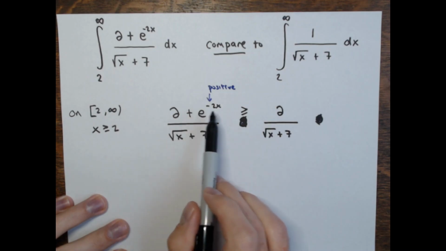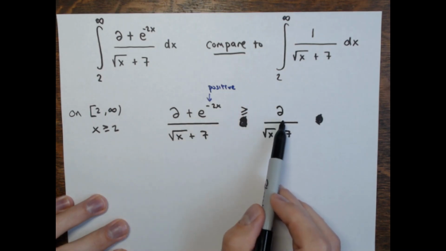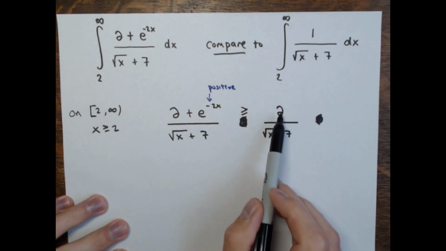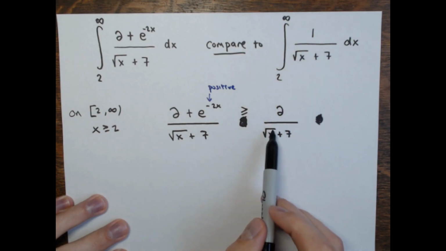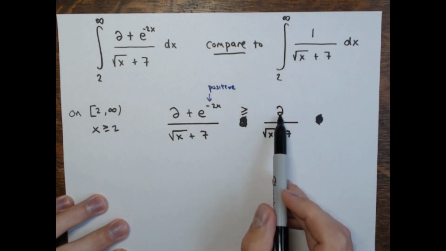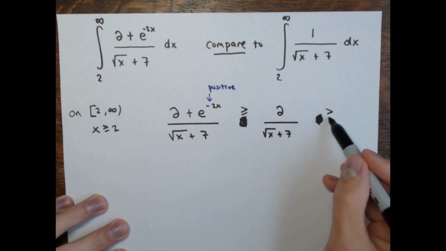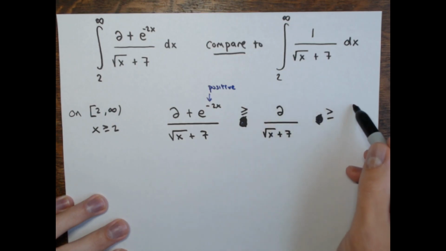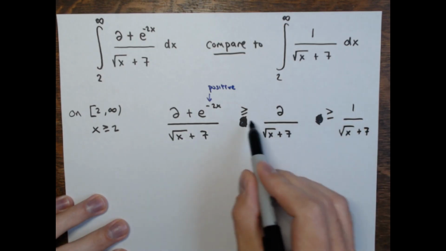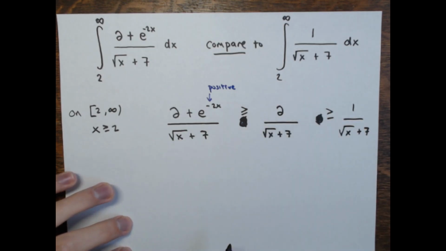So the original fraction is greater than or equal to this fraction. Then I'm going to take this fraction and turn the 2 into a 1, so we get the function they want us to compare to. When you make the numerator smaller, you make the fraction smaller, so this fraction should be bigger than 1 over the square root of x plus 7. Again, my apologies for the direction there.